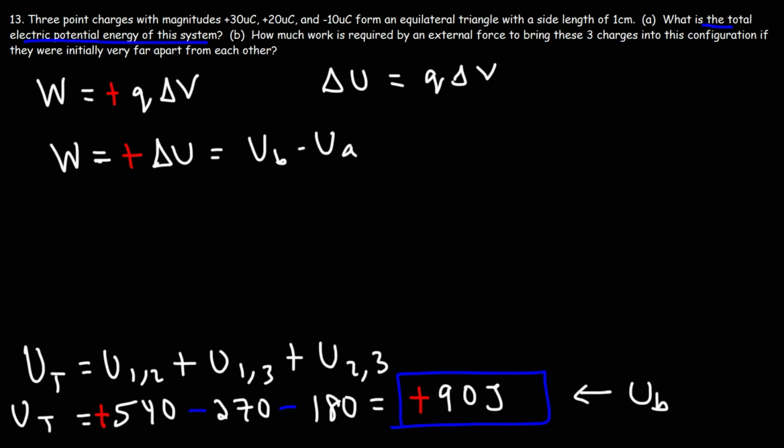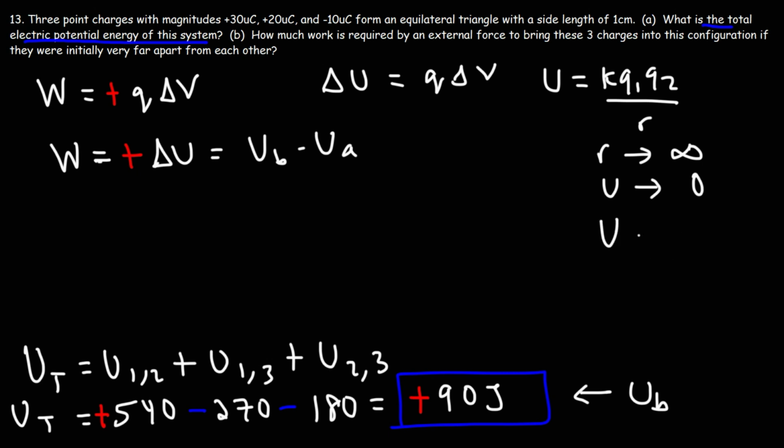UA is the potential energy of the system initially. That is when the charges are very, very far apart. And we know that U is equal to K Q1 Q2 over R. Whenever R goes to infinity, the electric potential goes to zero. So when the charges are very, very far apart, the potential energy is zero. So we can say that UA is approximately zero.